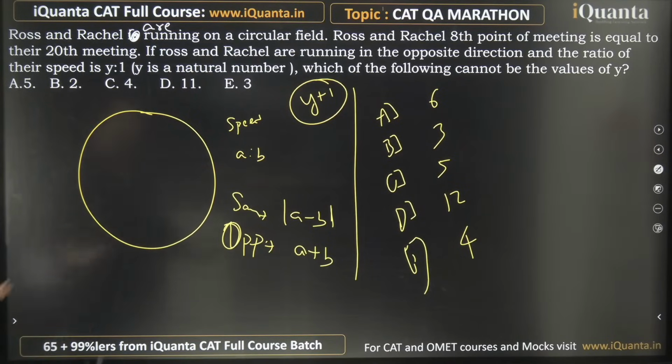Okay, so these all things we know about it, and it is known that the 8th point of meeting is equal to 20th point of meeting. इस बात का मतलब क्या हुआ?